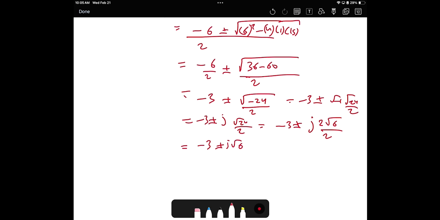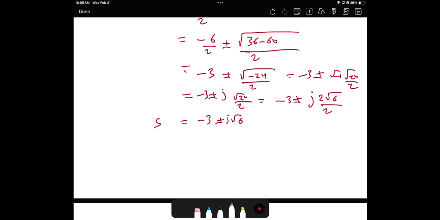So you can notice that the poles are negative 3 plus j square root of 6, and its conjugate, negative 3 minus j square root of 6. We know the conjugates from complex numbers. Whenever we have a complex number with j, the square root of negative 1, it comes in pairs as complex conjugates.